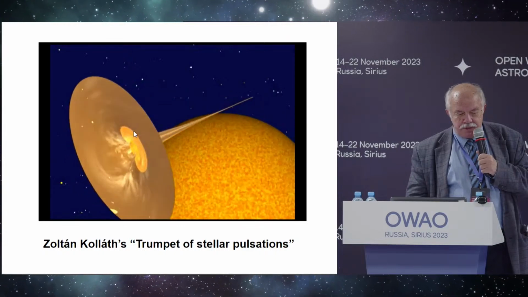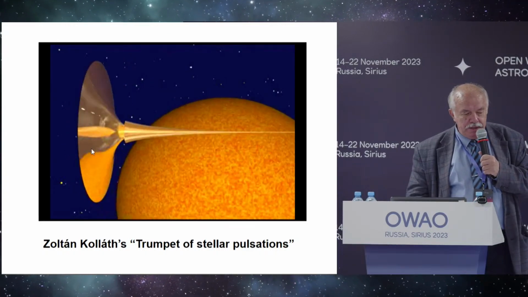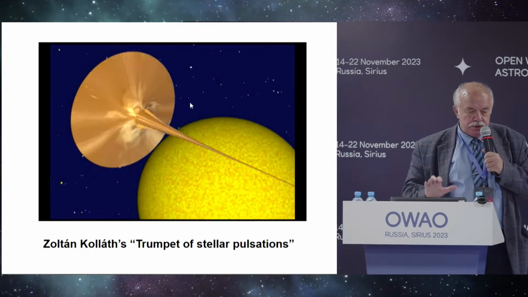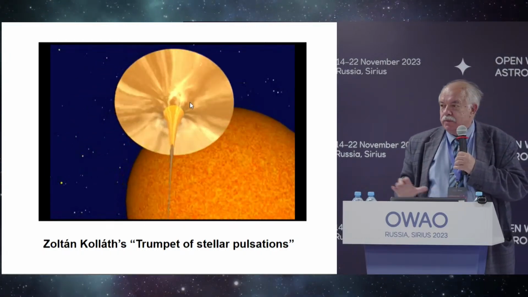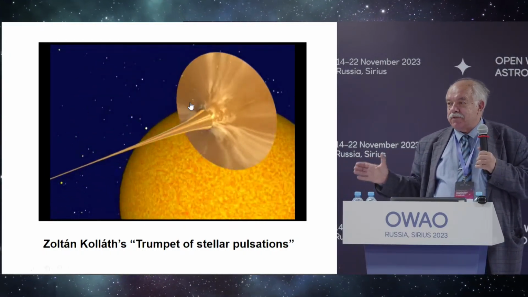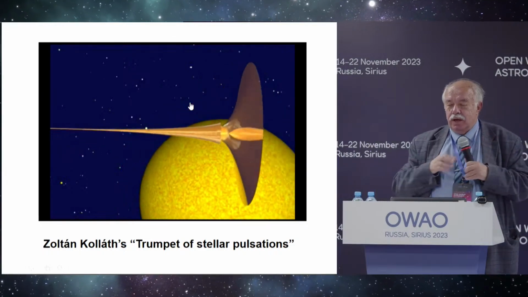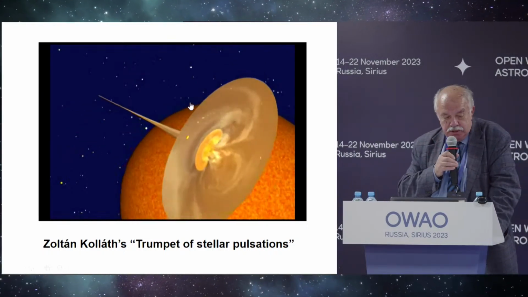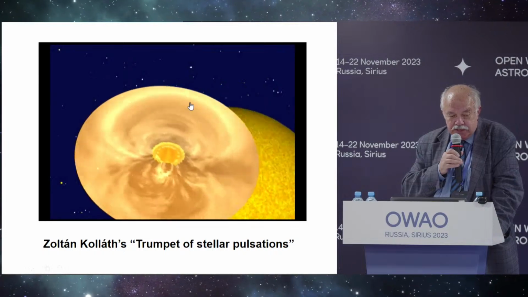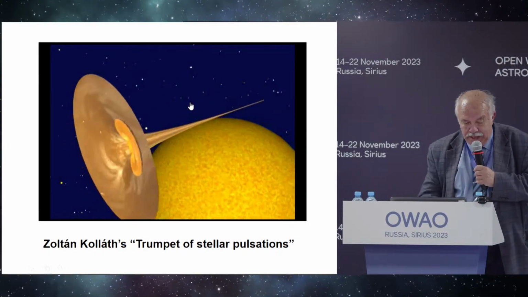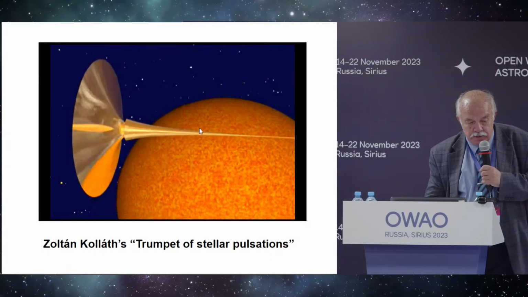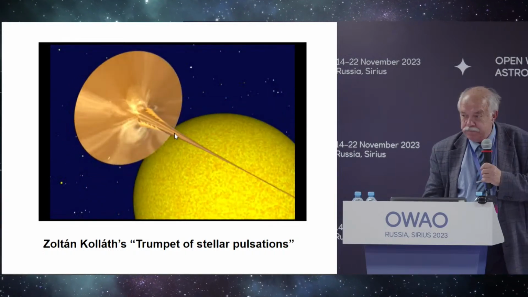Well, let's look at this trumpet. It has some unusual shape. Why is it so open to outer space? Well, because there is nothing to stop the pulsations outside the star. Why is this part so thin?